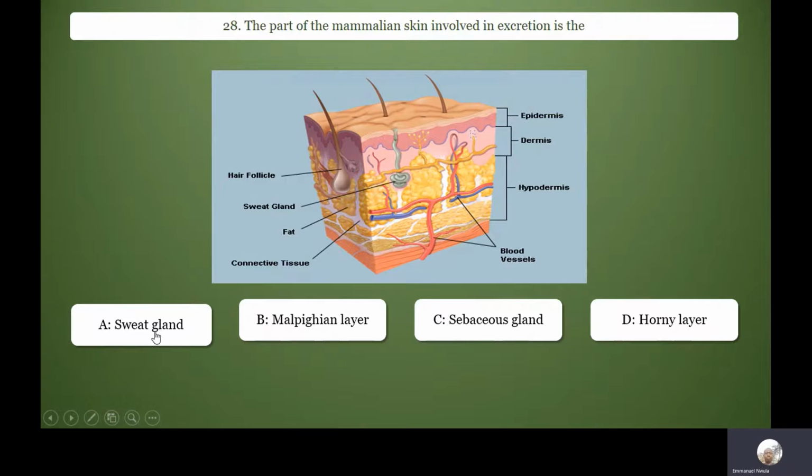The salts and urea are also lost through sweating. But the main reason why we actually sweat is to cool the body. So option 28 here is sweat gland, because urea and salts are removed through sweat.